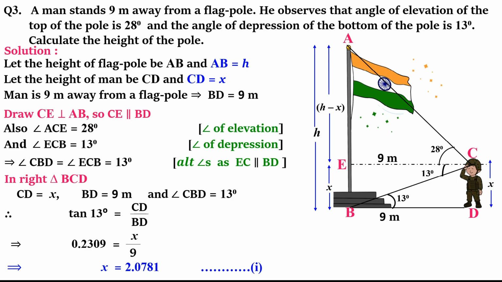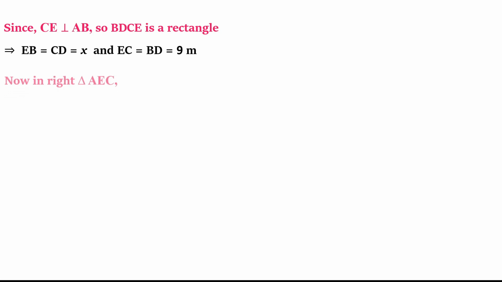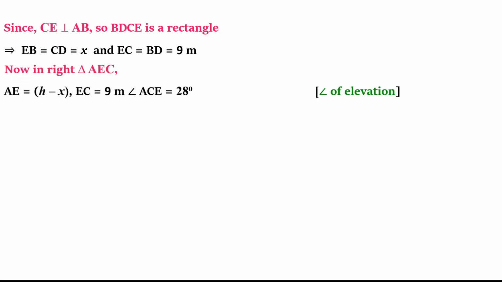In AEC, the angle is 28 degrees, the base is 9 meters and the perpendicular is H minus X. So which T ratio? Once again we will take tan, because AE is H minus X, EC is 9 meters, and ACE is 28 degrees. So tan 28 is equal to AE upon EC.